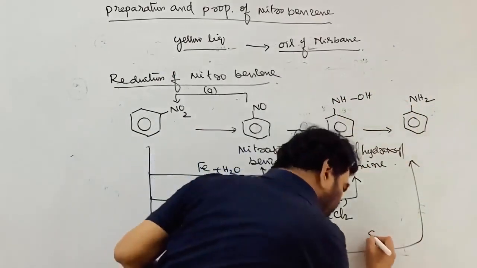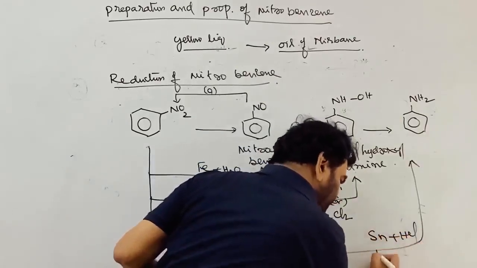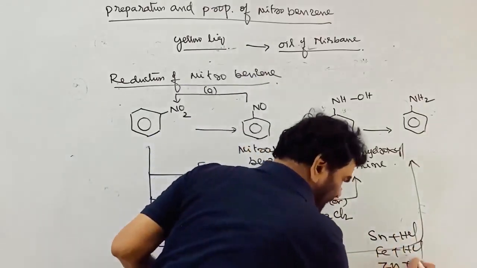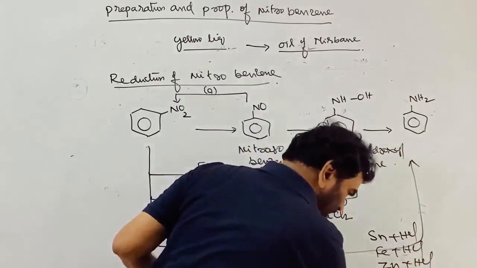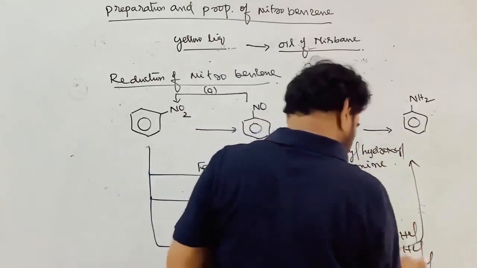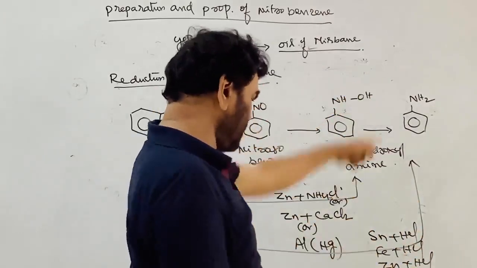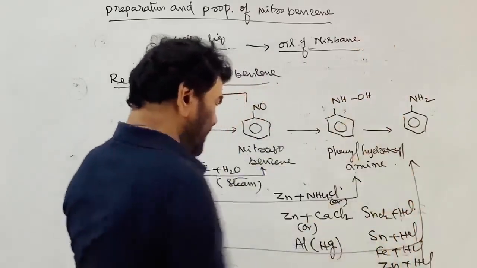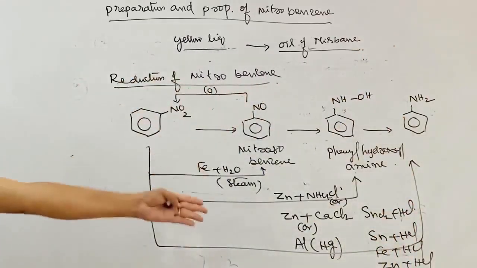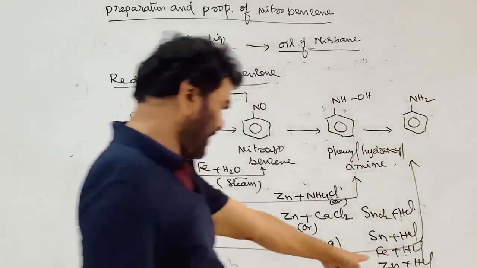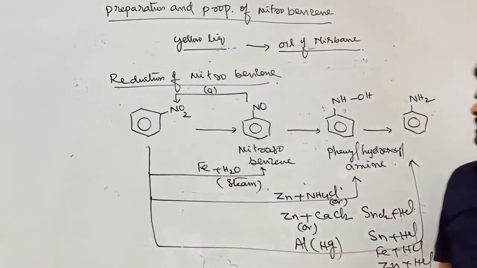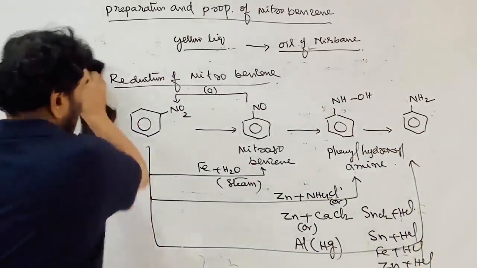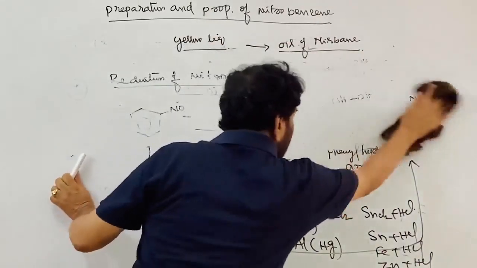With Sn plus HCl, Fe plus HCl, Zn plus HCl, metal plus acid, or hydrogen plus nickel, the reduction converts this into this. So that is the reaction of nitrobenzene. This is a sequence of reactions.